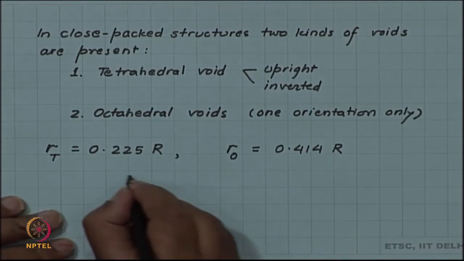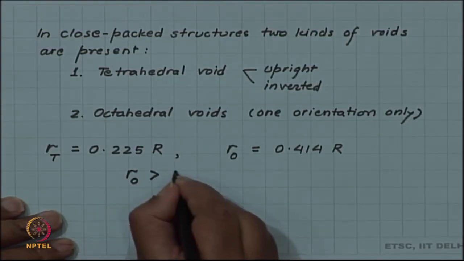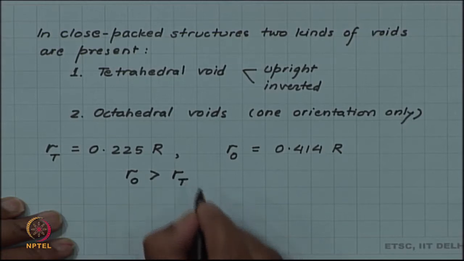So, obviously, the octahedral void size is larger than the tetrahedral void size.